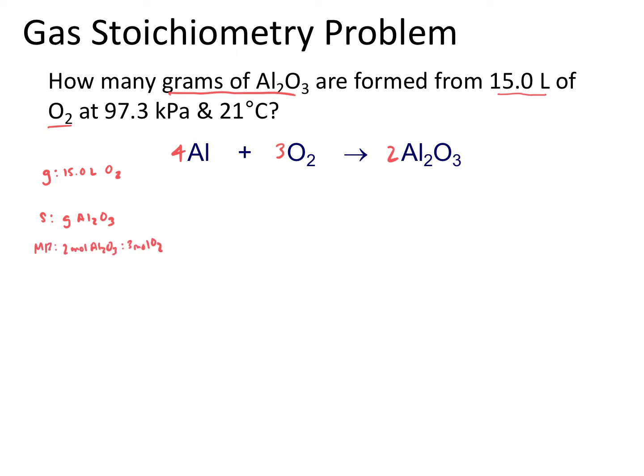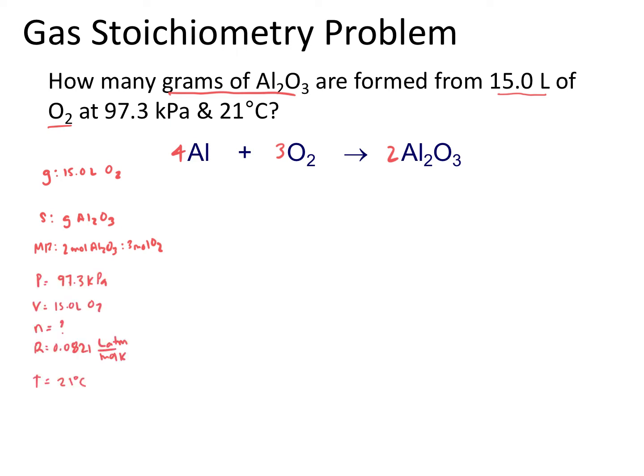Now that we have all of our pieces for the stoichiometry problem, we need to take our given and convert it into the language of the equation, which is moles. We've been given 15.0 liters of our gas, so we know that we're going to have to utilize the ideal gas law in order to take our liters, or our volume, into moles.